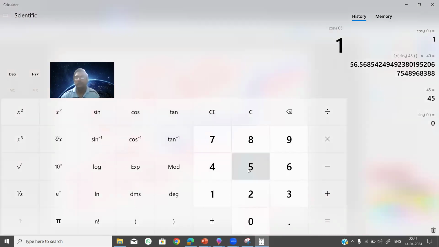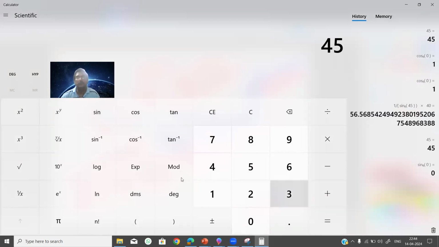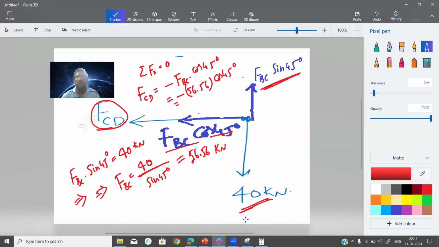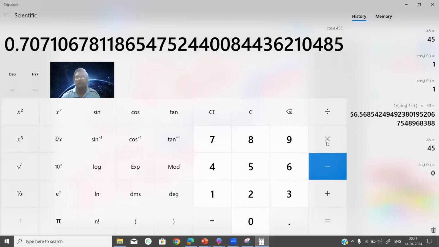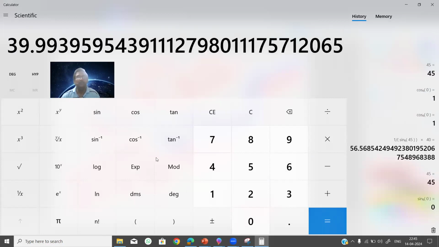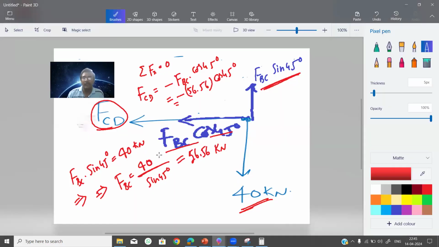Cos 45 multiplied by 56.56. How much? 39.99. Okay, almost equal to 40 kilonewton. So FCD is also equal to 40 kilonewton, but it is in minus, right?